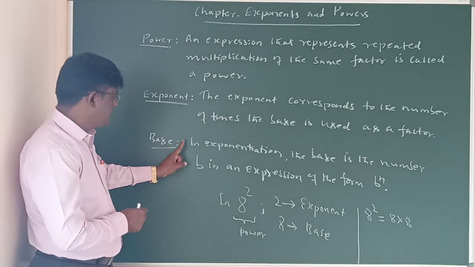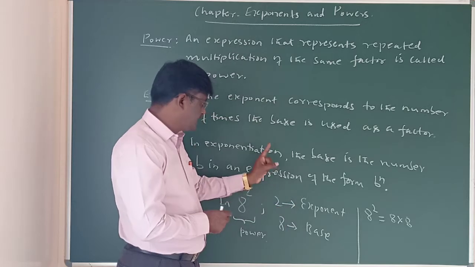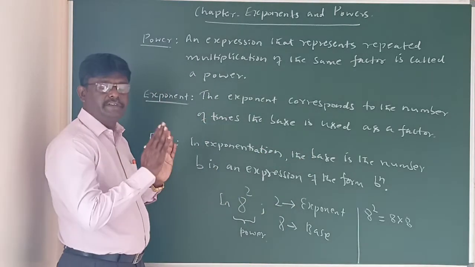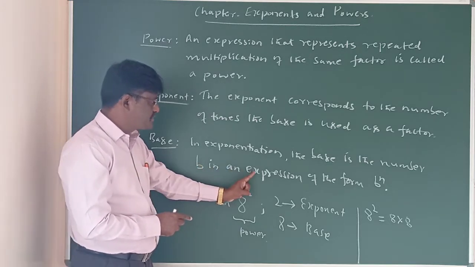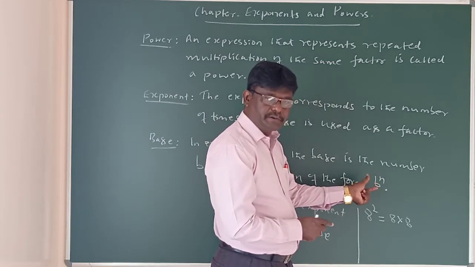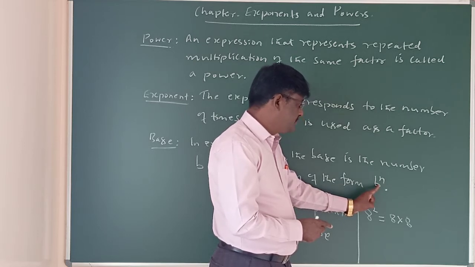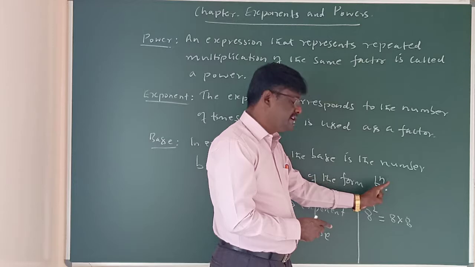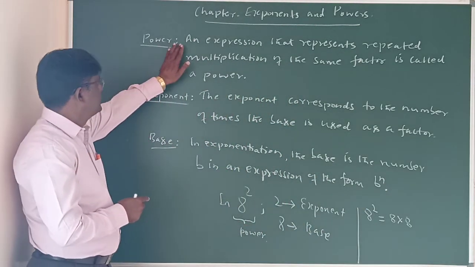Then what is base? In exponentiation, in this power form, the base is the number. So base is nothing but a number. In an expression of the form b power n, this number denotes the base. This is exponent. Then the complete expression we say power. Just see once: what is power?